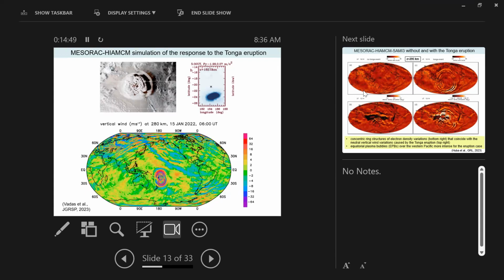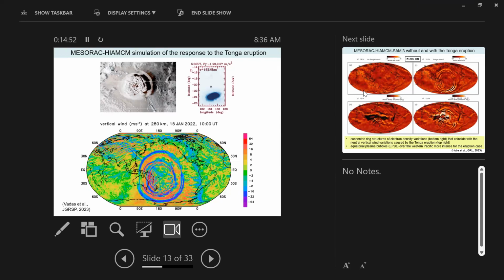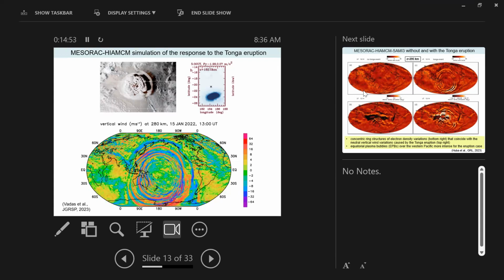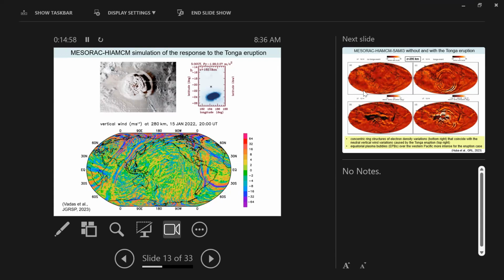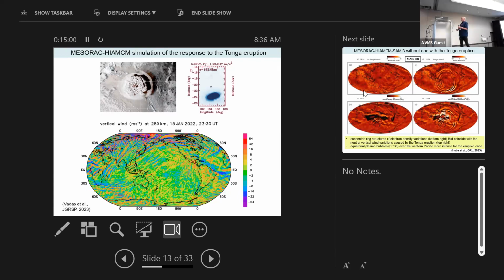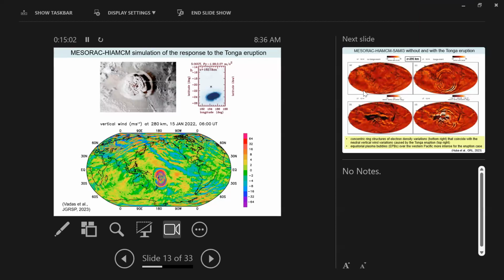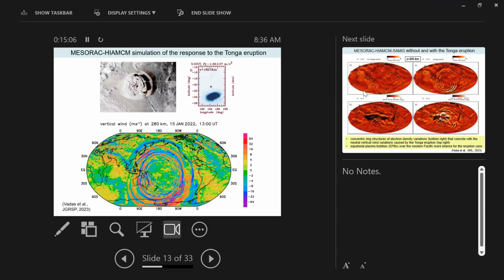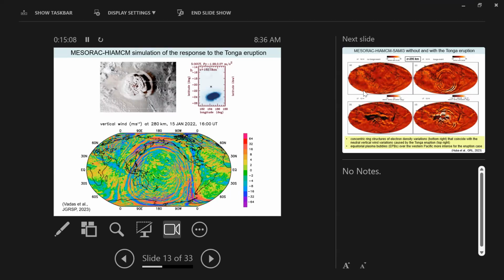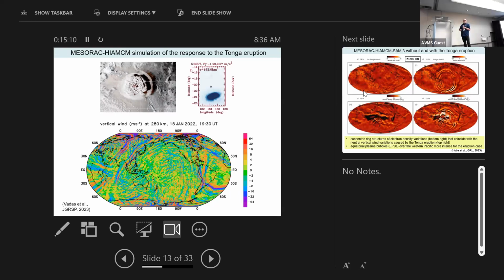What we did was use the Sharon Vadas's mesosphere model, which detects these updrafts and then does a ray tracing simulation of the high frequency, very localized primary gravity waves. And then we compute the body forces from these primary gravity waves when they dissipate in the mesosphere or in the thermosphere.